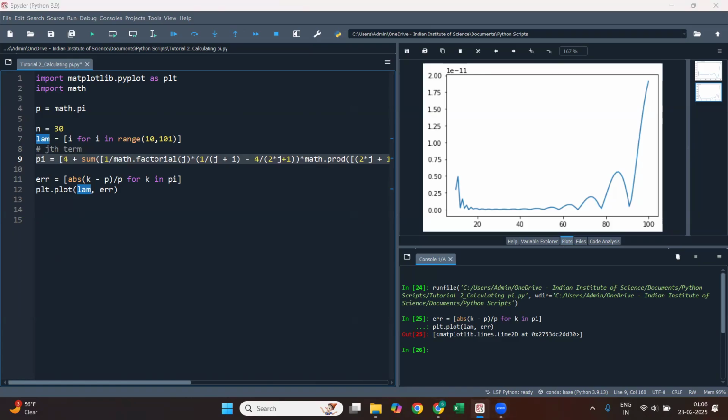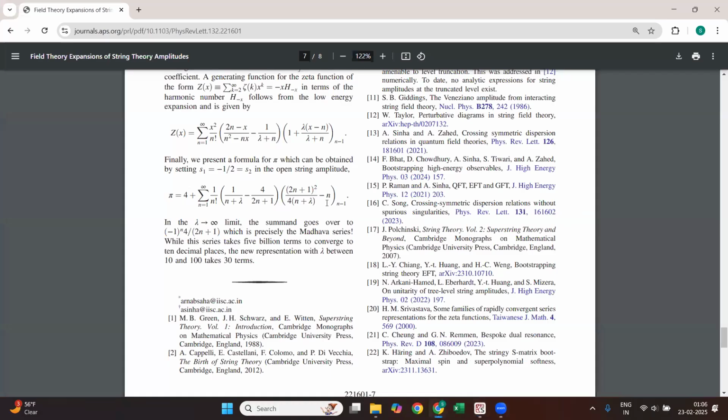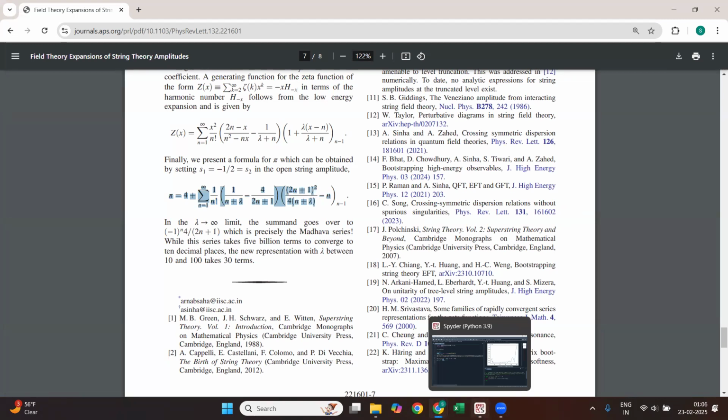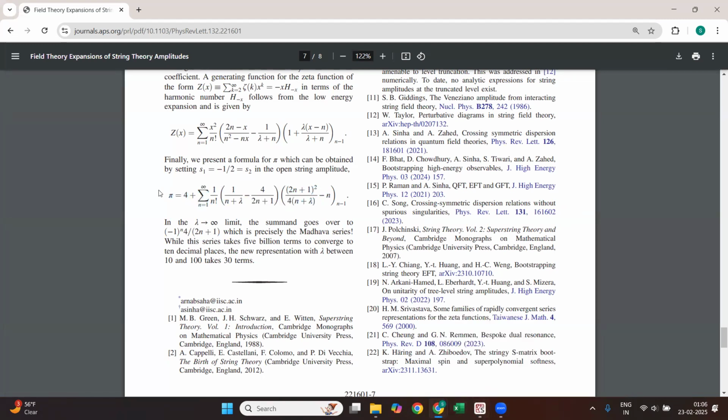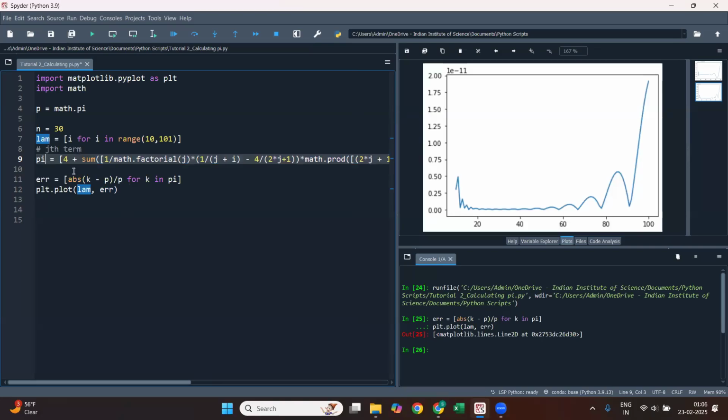So, as we have written in this paper, similarly, just in one line, we've been able to write pi. Similarly, over here, we've been able to write pi in just a single line. So that is how powerful list comprehensions can be. This is a very nice way of writing your code. It makes it very concise, and you're able to write code in Python easily without making it very complex.